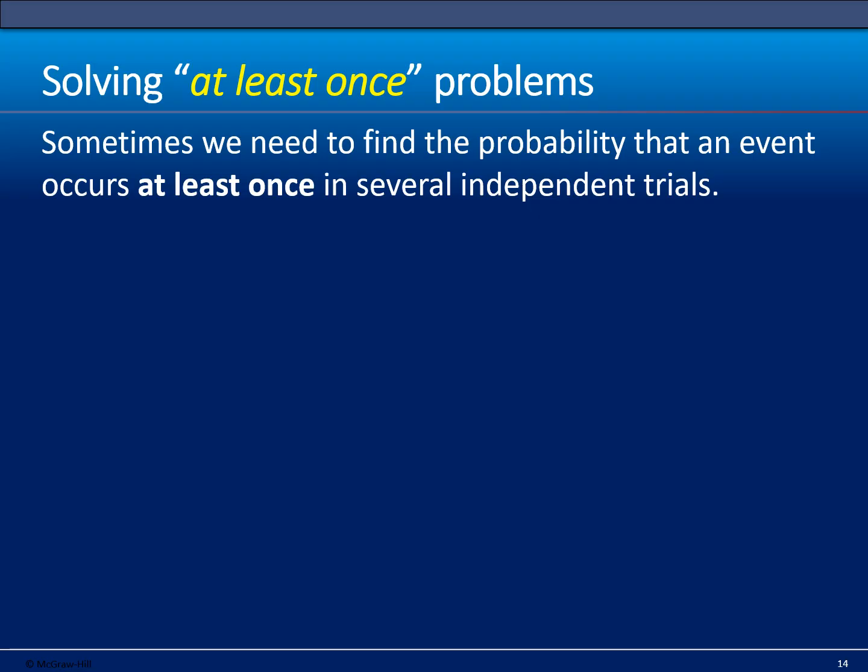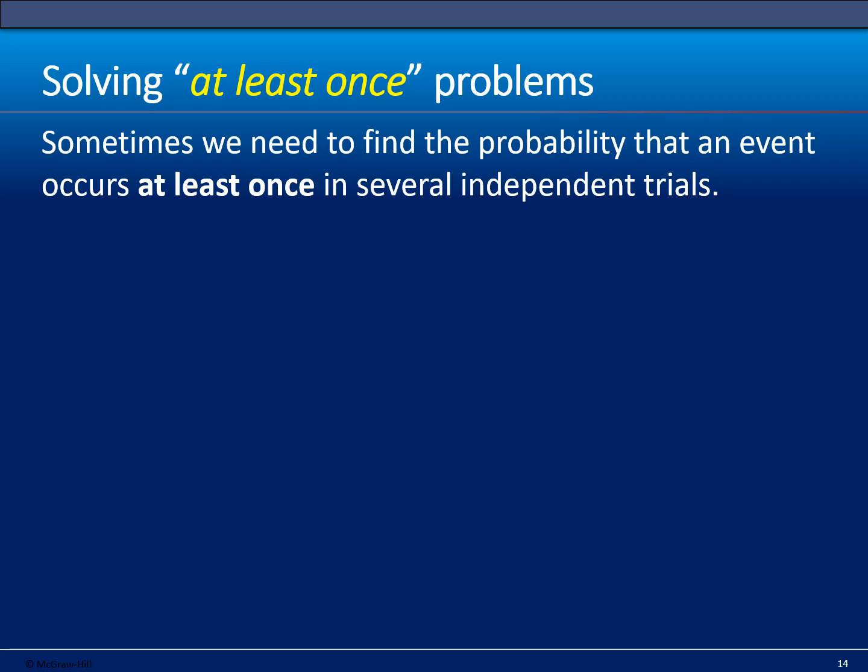So one of the things about statistics is that it's an exact science. So you have to be careful when problems or events are listed as less than, greater than, less than or equal to, greater than or equal to, or at least one, or more than three, whatever.